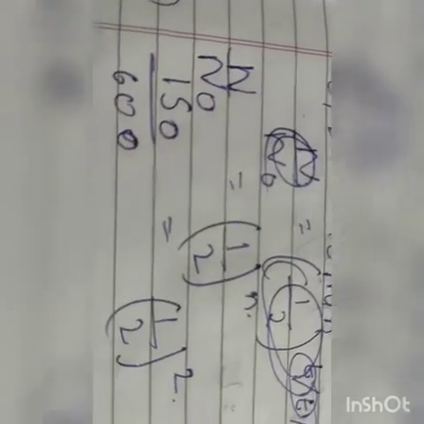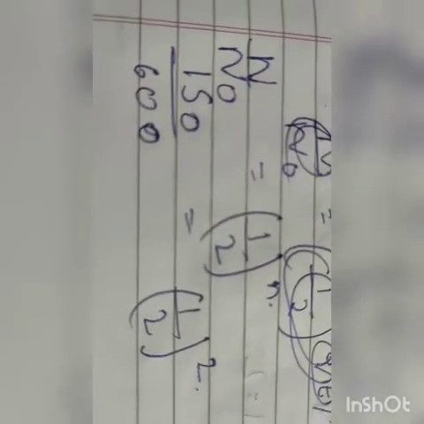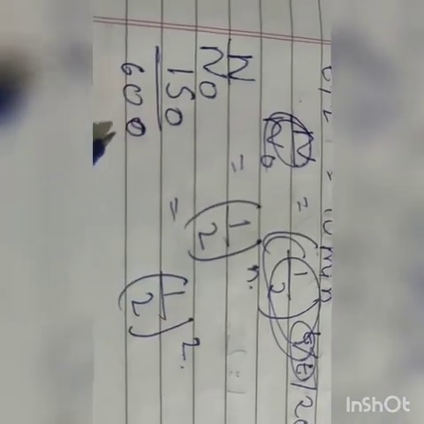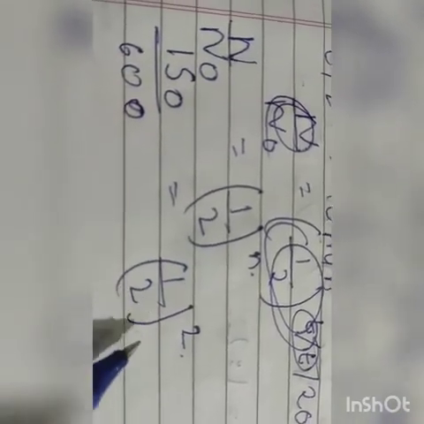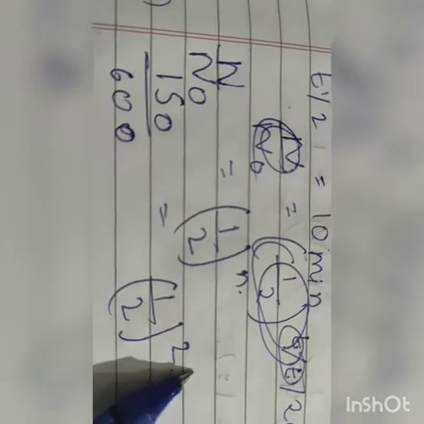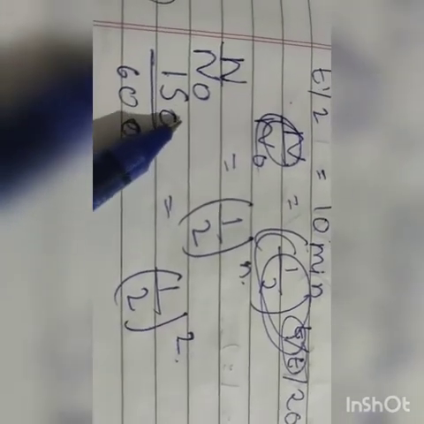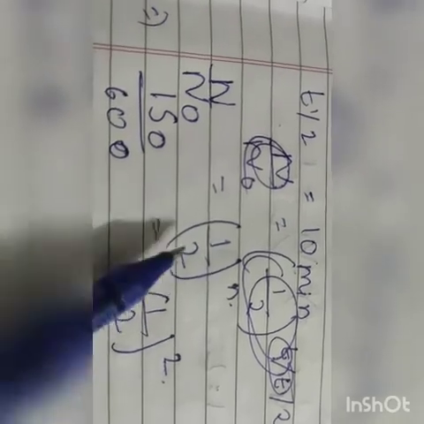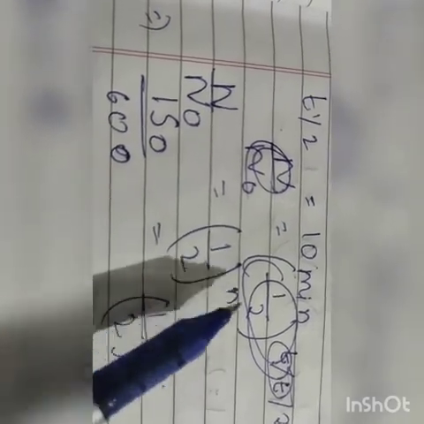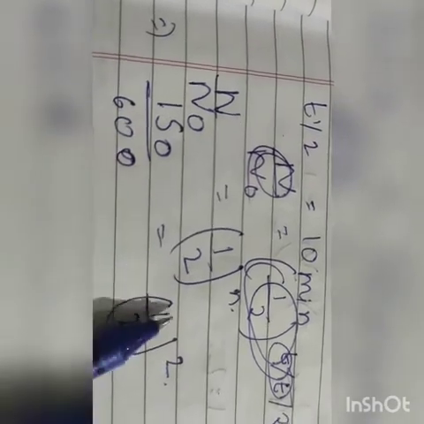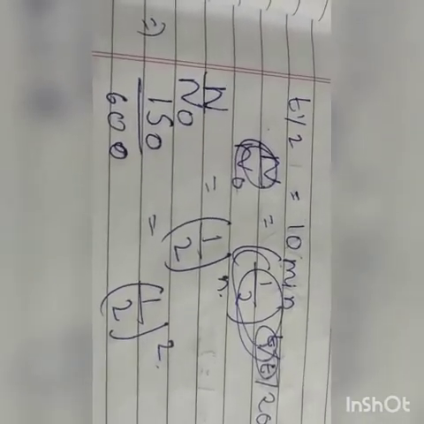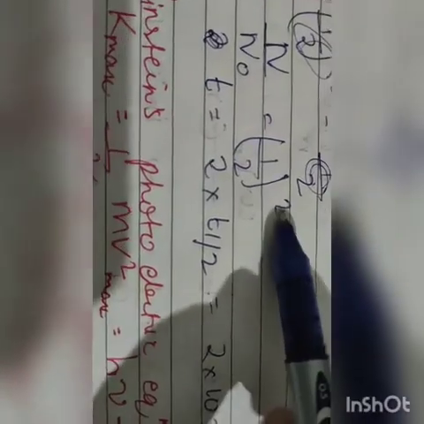Now what is left is 150. So here N/N0 = (1/2)^n. We put the value: 150/600 = (1/2)^n. This comes out to be 1/4, that is (1/2)^2. So n = 2, and this can also be written as N/N0 = (1/2)^2.